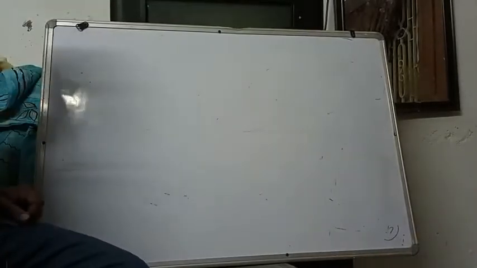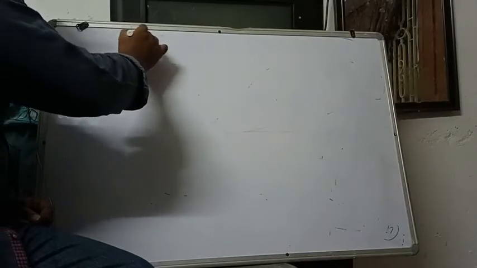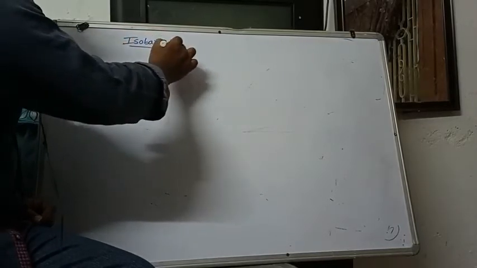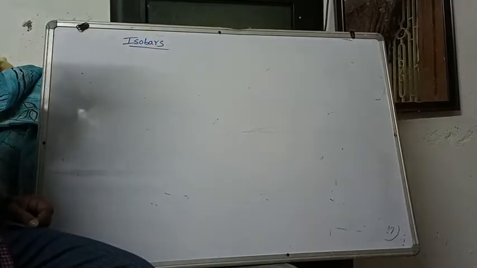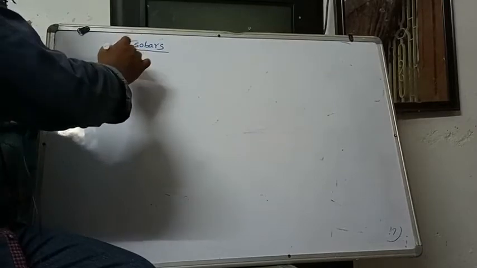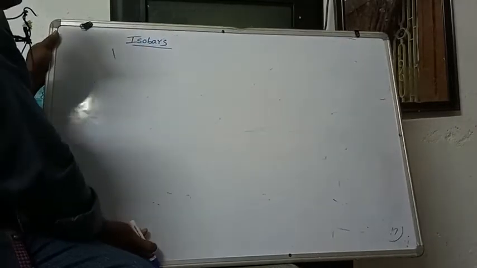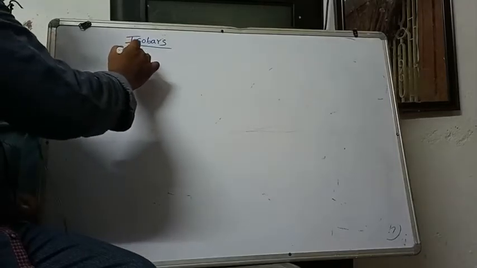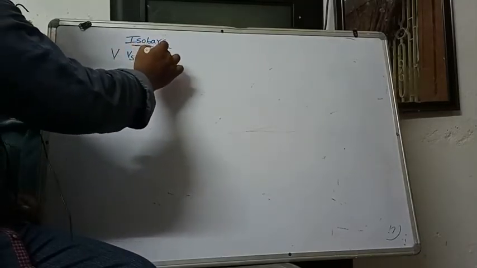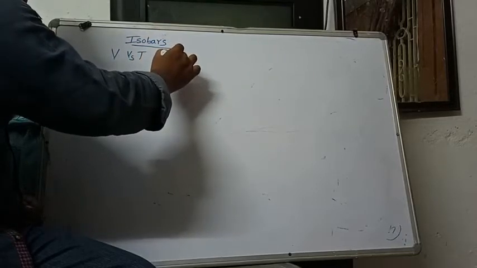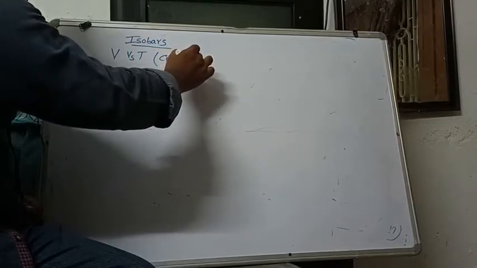About Charles law graphs. These graphs, what we are saying is isobars. Why are we calling these graphs isobars? We are drawing the graphs of volume versus temperature at constant pressure.